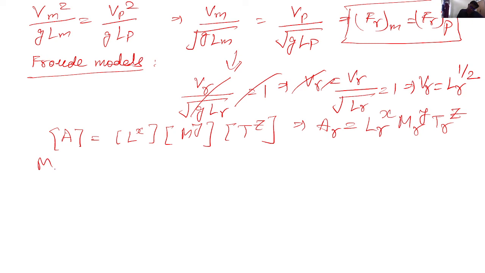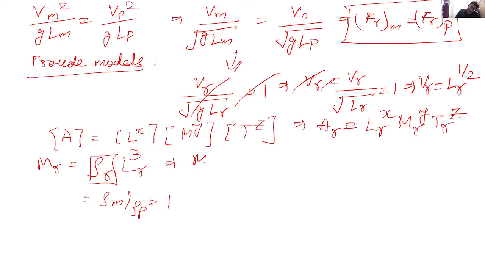And the mass scale ratio is nothing but the density scale ratio times the volume scale ratio, which is LR to the power 3. And since rho R is nothing but rho m by rho p, we can take it as 1, because the model as well as the prototype are made up of the same material, so rho R will be equal to 1.